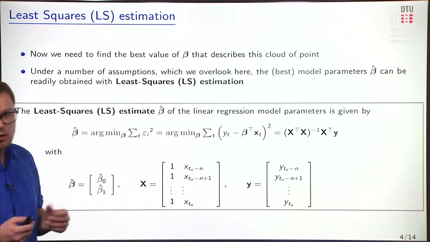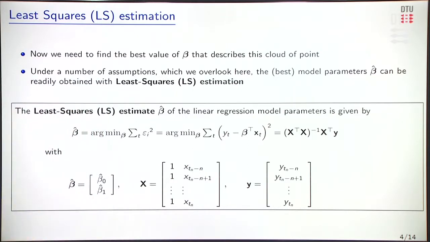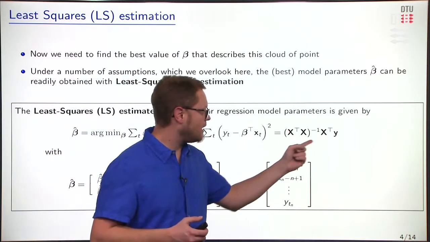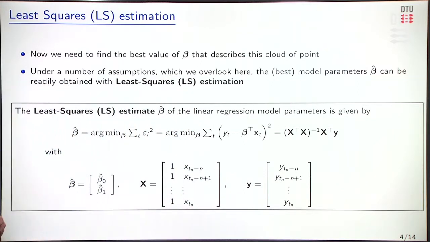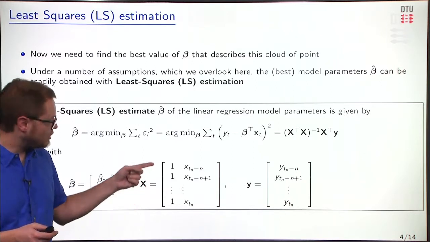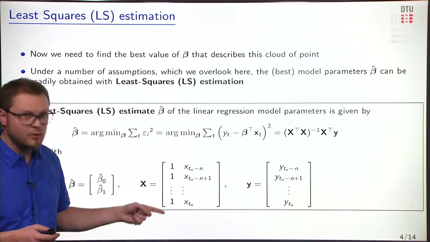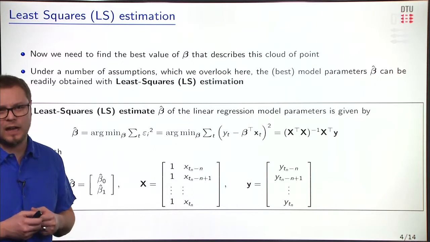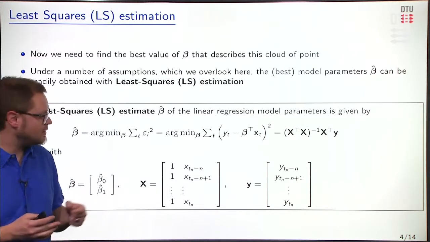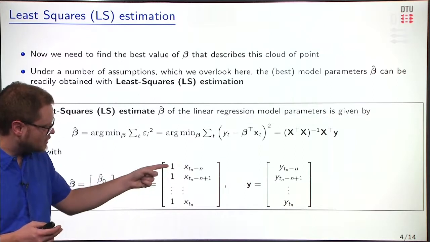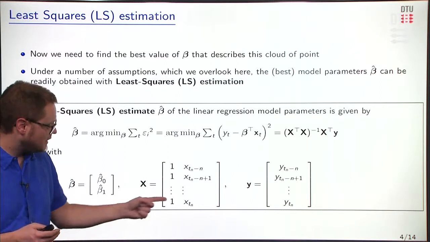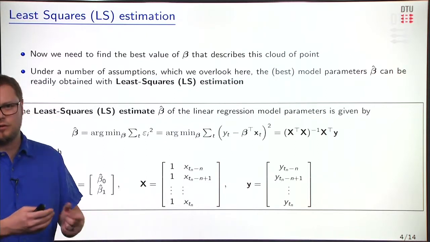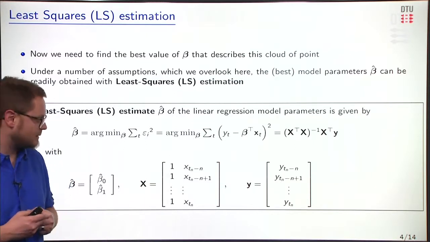And there is a closed form solution, an analytical solution, to find this parameter estimate, which is given by this expression. In this expression, bold x is the so-called design matrix, which has all the values for the input vector bold xt for the various times in the past, transposed. So here, this would be the vector xt for the oldest time in the past, and here you have the vector xt for the closest time in the past.